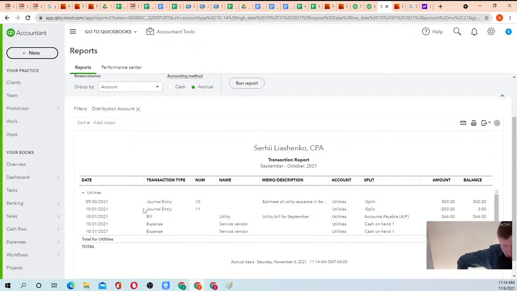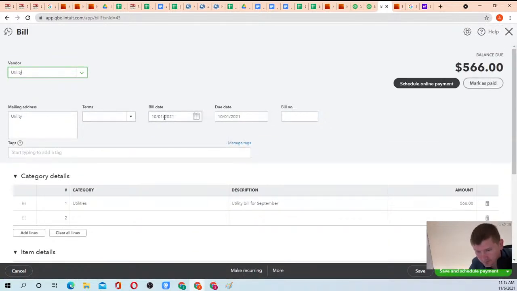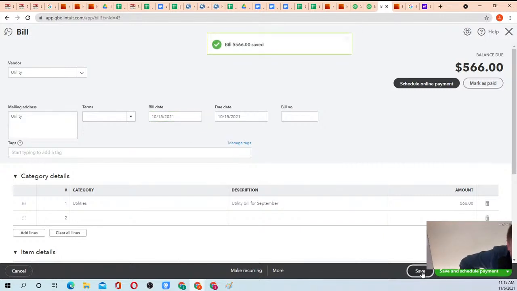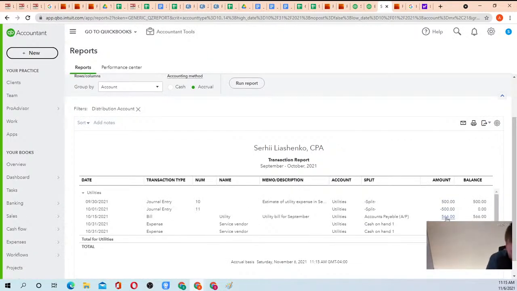Then on the 1st of October, we reversed that accrual. Later, let's say we get a bill on the 15th. Bill date, 15th. Save.